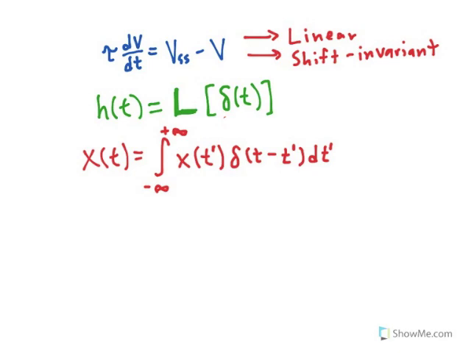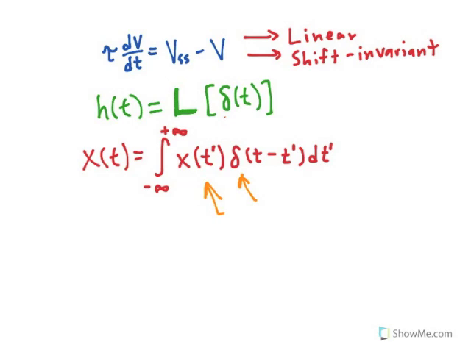And this is how you would state what I just told you mathematically. This is what's known as a convolution between a delta function and any input signal.